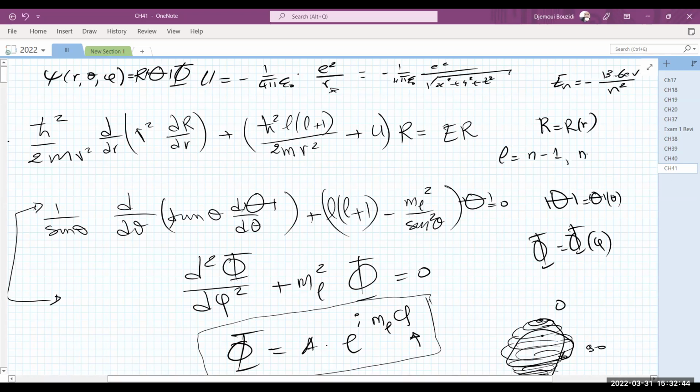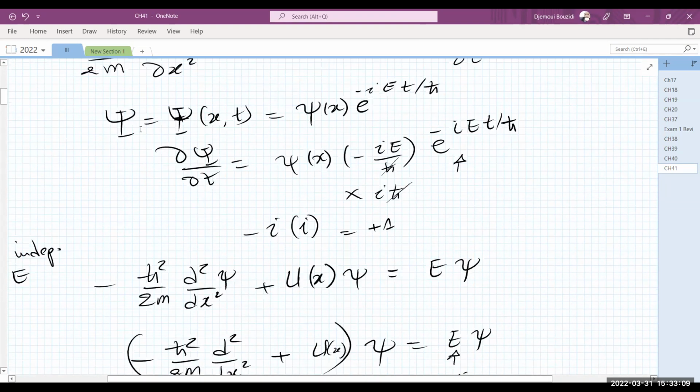It could be n-2 if you like, and so on and so forth, up to L equals 0. So L is a positive integer from 0 to n-1, so that the polynomial expansion here at the end will cancel the growing exponential, and at the end the solution will be finite. Remember, the particle must exist somewhere. The total integral of psi must be finite. So this is in a nutshell how the solution proceeds.